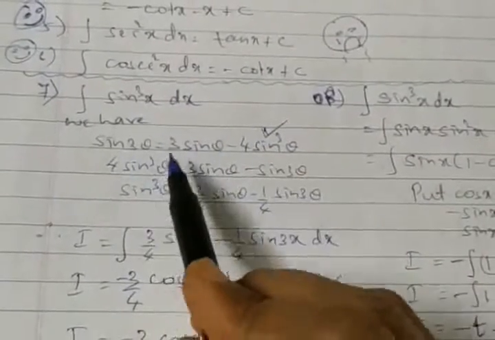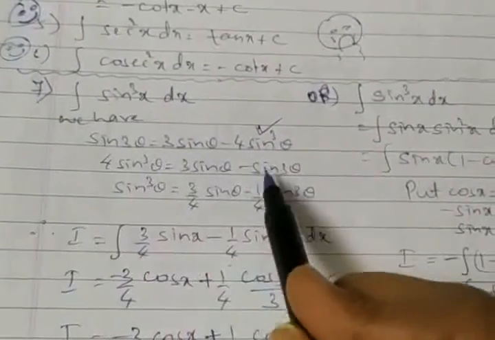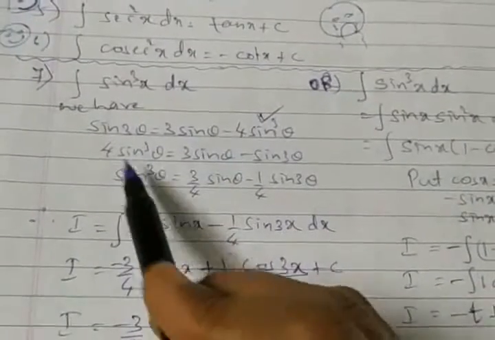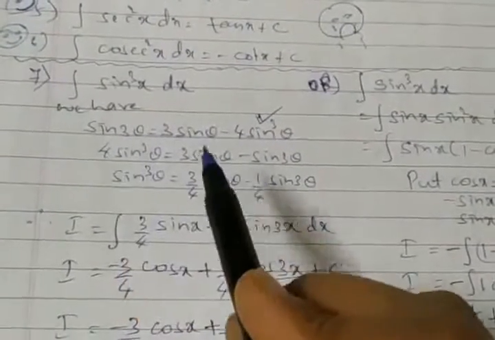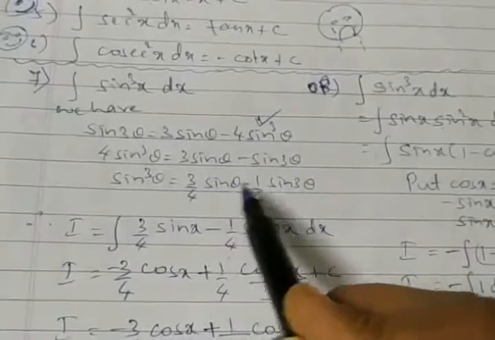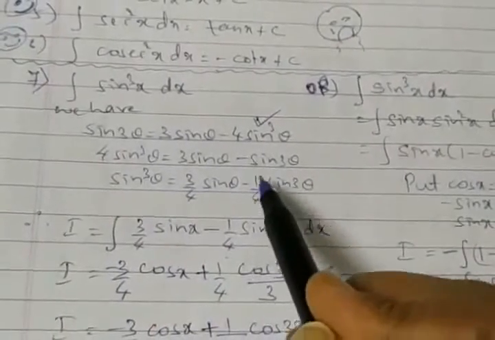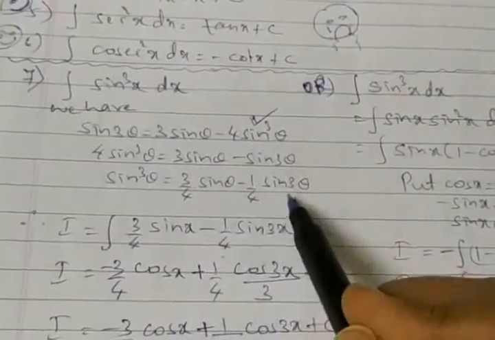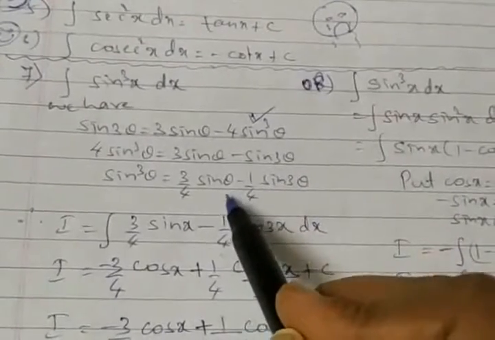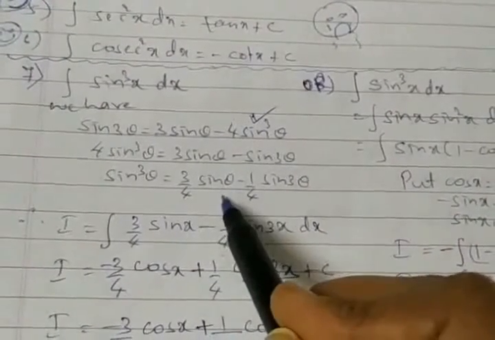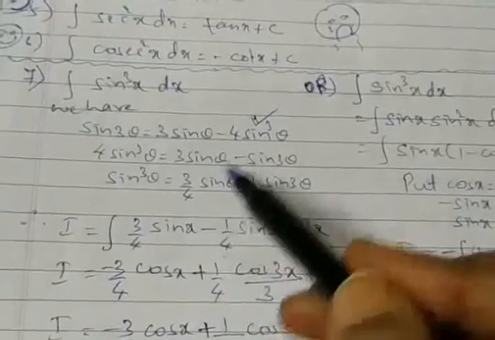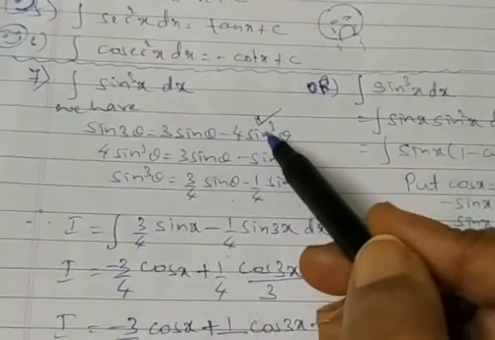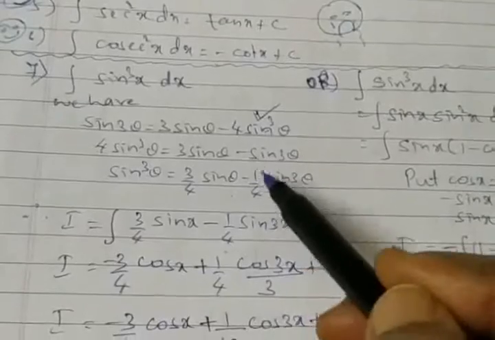We have plus 4 sine cube theta is equal to 3 sine theta minus sine 3 theta. Let's go for sine cube theta. For the numerical coefficient transferred, we are left out with 3 by 4 sine theta minus, 4 transferred, I should say it is 1 by 4 sine 3 theta. So this relation you can remember, but normally the students will find it difficult to remember this result. So the better option I find, I ask you to go for this, and followed by just balance it. We have this relation.